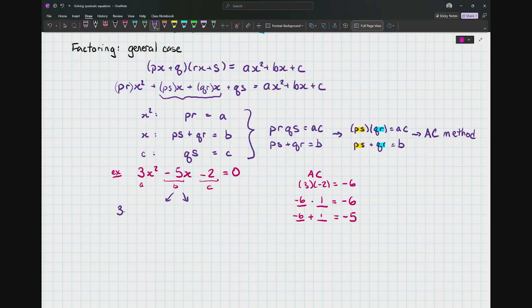Decomposition is where we keep our 3x squared, we keep our -2, but the middle term we split up. Another way to write -5x is to have -6x plus 1x. That -6 and 1 were the 2 coefficients that we just found using our AC method. We know that those add to -5, so we know that -6x and 1x add to -5x.